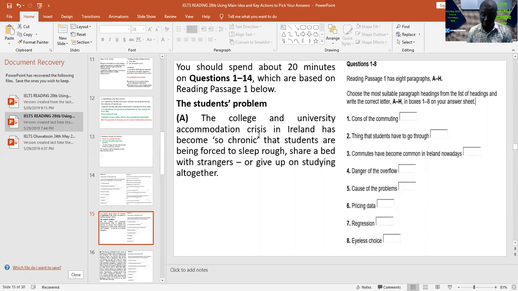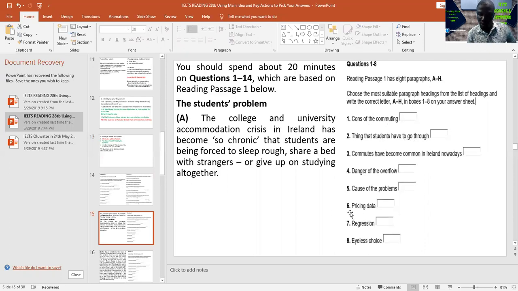For those who have picked it, the main idea is about the accommodation problem and what it leads students to do. Okay, but if you scan through the answer choices now: cons of commuting, nothing like that. Things that students go through, yes, possibly. Commutes have become common, nothing like that. Danger of overflow, maybe.